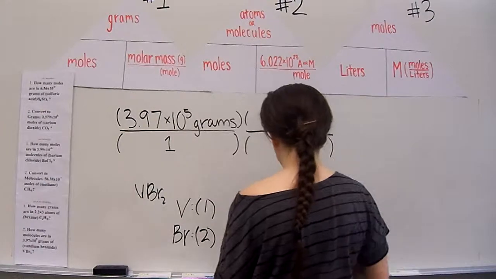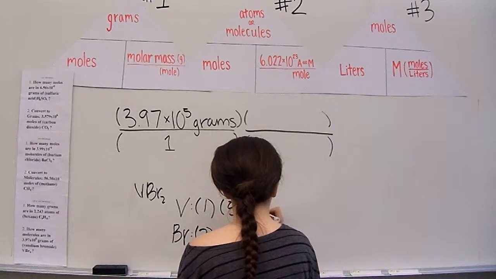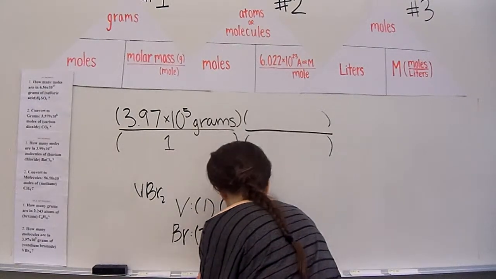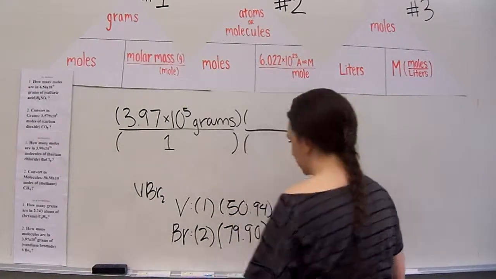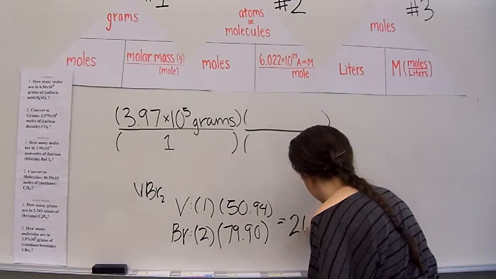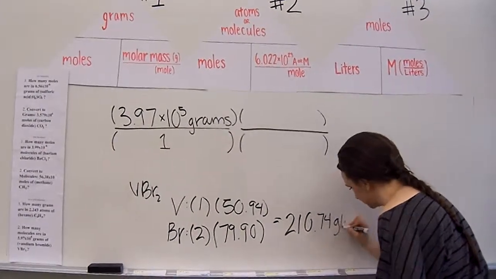The atomic weight of vanadium is 50.94 and the atomic weight of bromide is 79.90. Once you multiply that out, you should get 210.74 grams per mole.